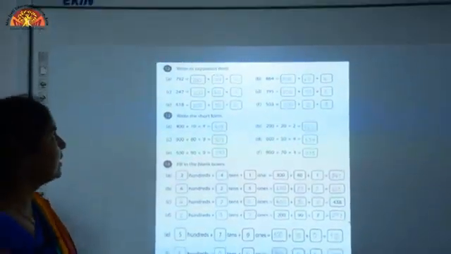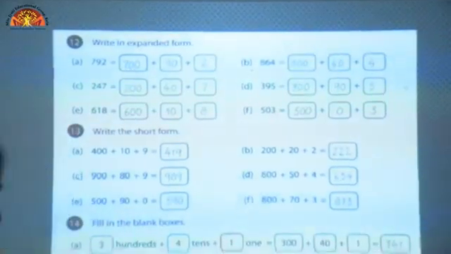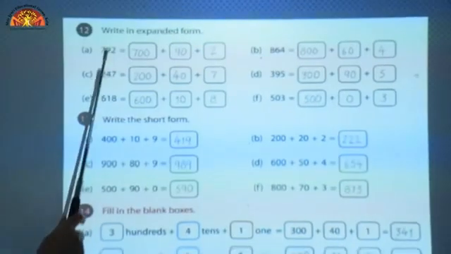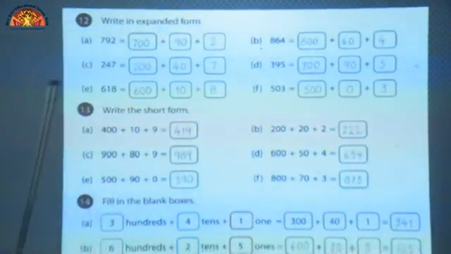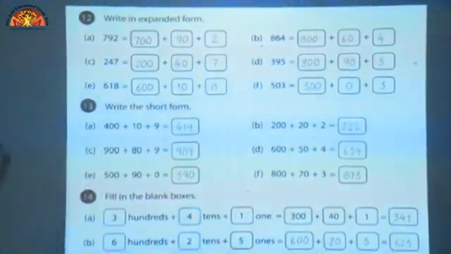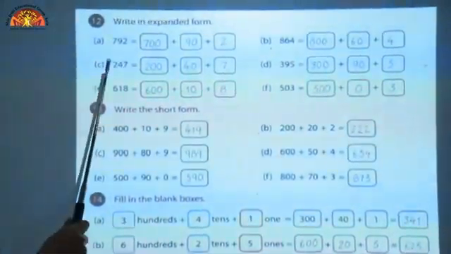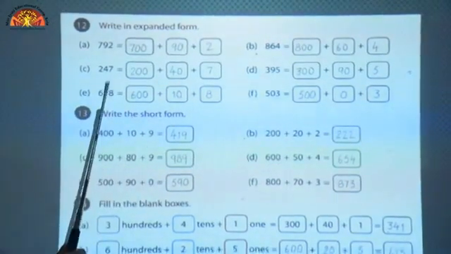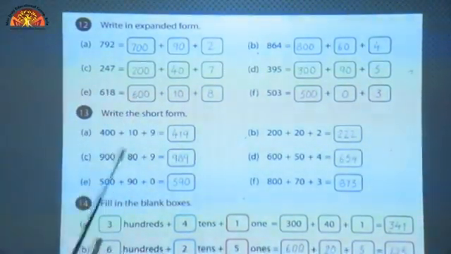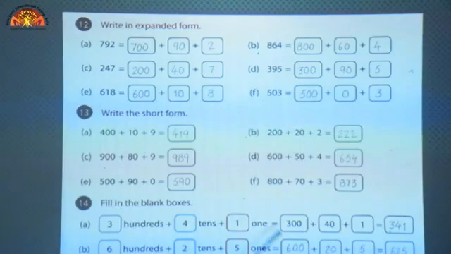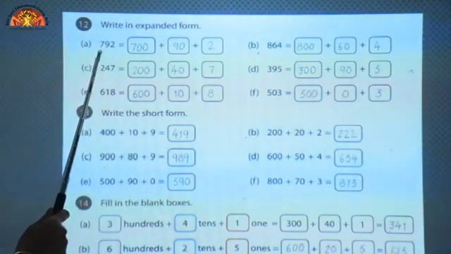Now write in expanded form. Here the number is given in short form. So you have to write this number in expanded form. Expanded form means bigger form. So as we read this number according to their places, we have to write the place value of each digit. Here 7 is at hundreds place.